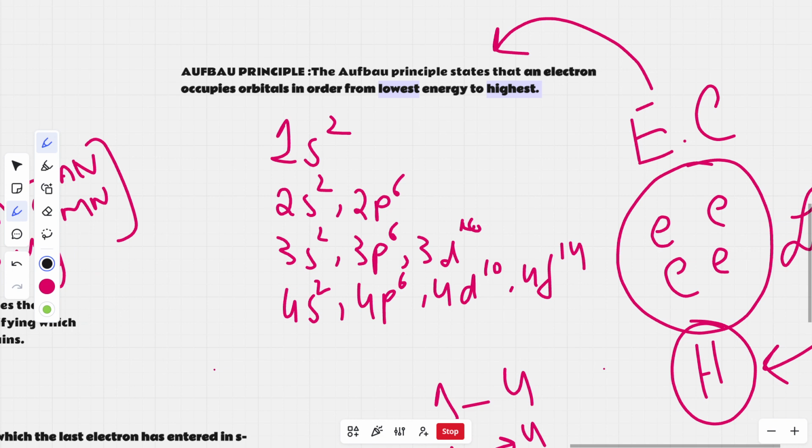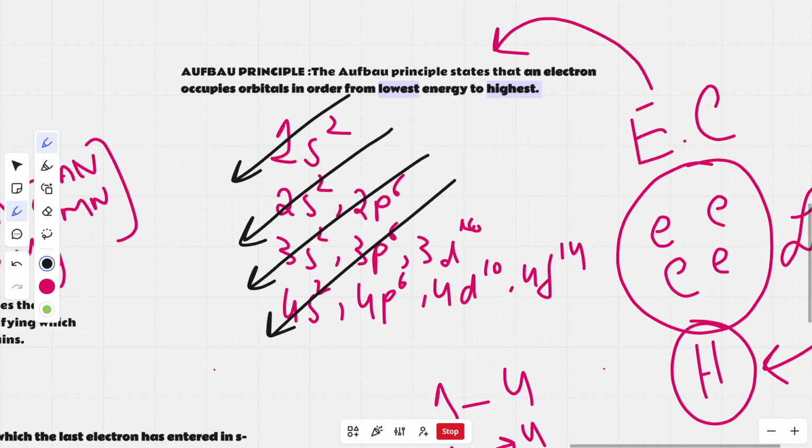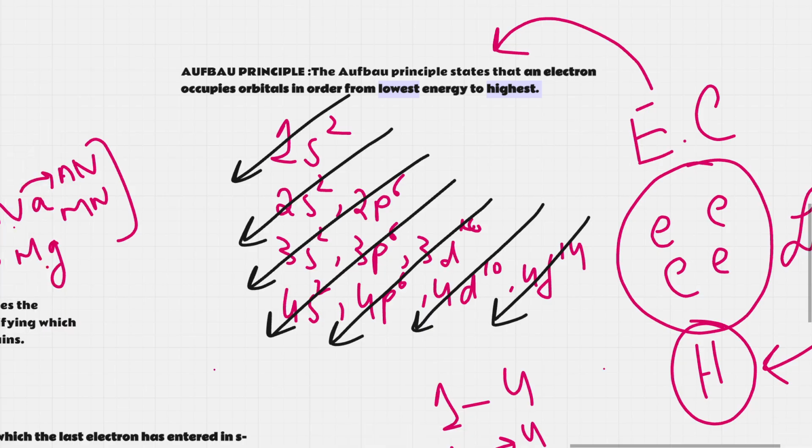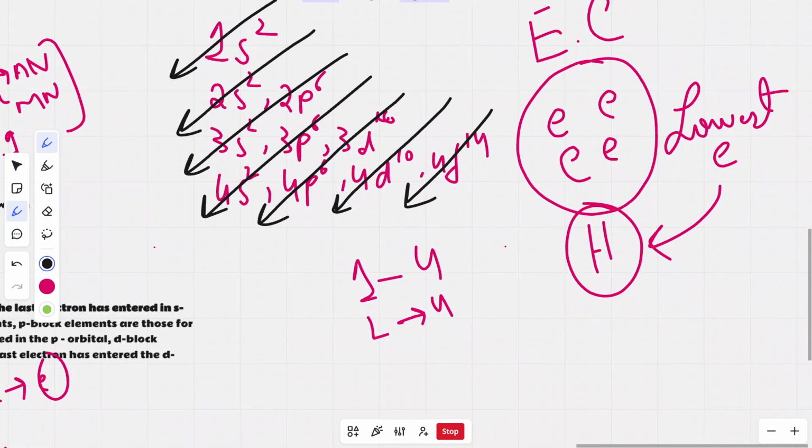On the basis of lowest to highest. Now what you have to do is आपने यहाँ पे arrows draw करने हैं like this. You have to draw some arrows like this. See, इन arrows का मतलब ये होता है कि आपने इस तरीके से electrons की filling करनी है. Electron की filling अब on the basis of these arrows होगी.